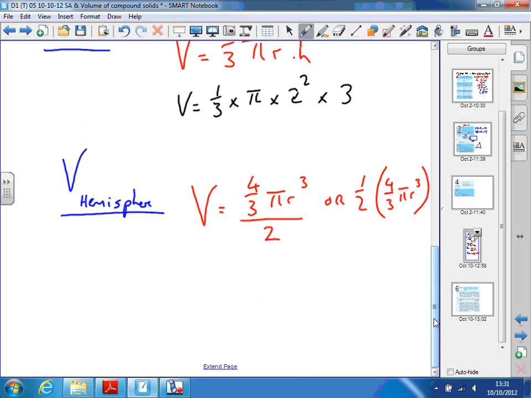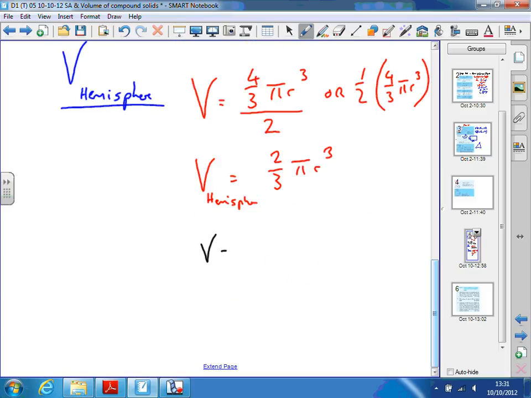So the volume of the hemisphere will equal 2/3 pi r cubed. So I've got the formula. Now I put the numbers in. I've got the radius, so I could find the volume, and I add them together. So the volume would be 2/3 times pi times 2 cubed.